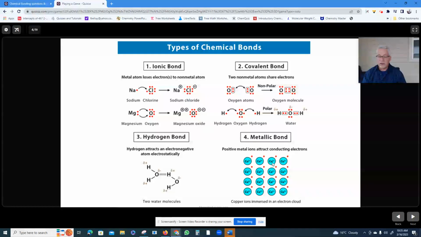There are plenty of compounds that will be ionic, covalent, or metallic, but hydrogen bond only happens between hydrogen and oxygen, between hydrogen and fluorine, between hydrogen and nitrogen.